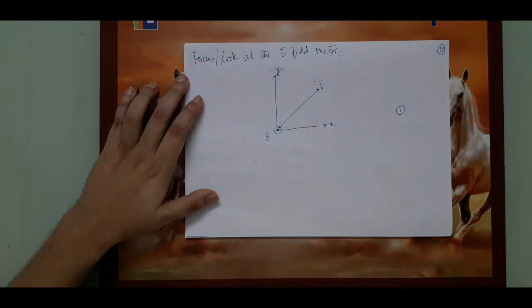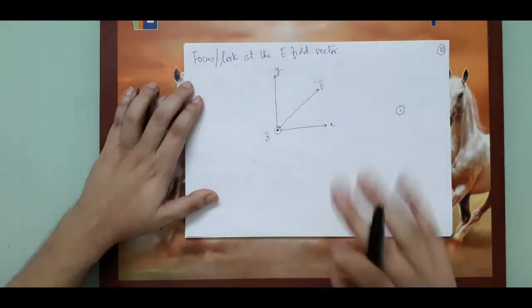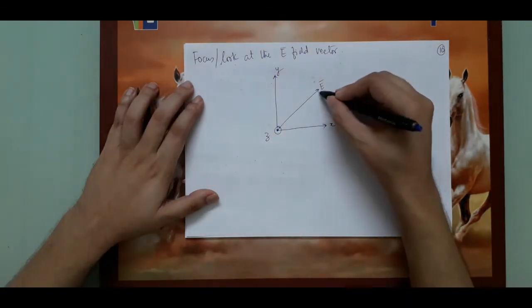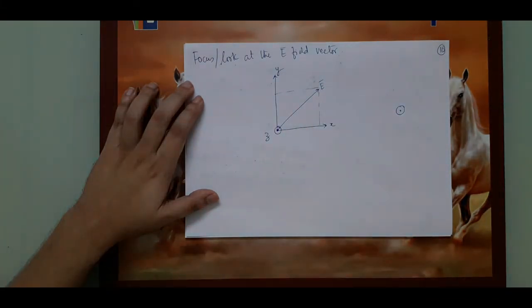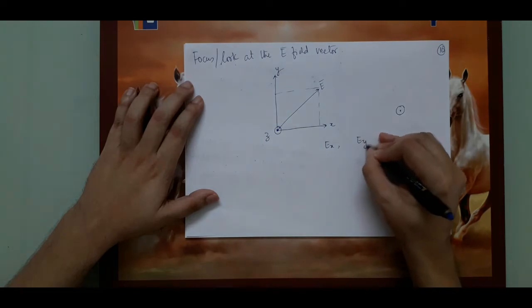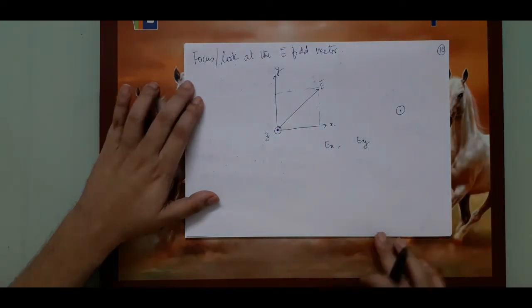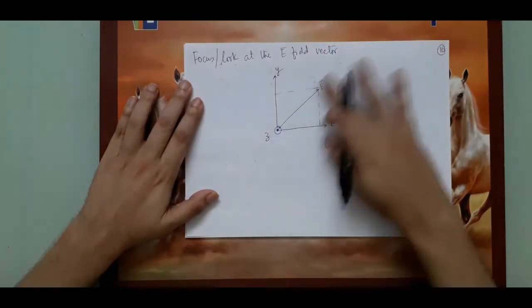Even though the electric field need not be aligned with either x or y, we can definitely have projections on the two axes. We can have components called Ex and Ey. That is definitely possible. The magnitudes need not be equal, neither need the phase, because remember this E field vector is now oscillating.